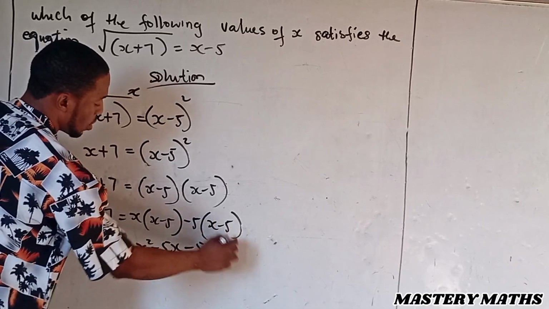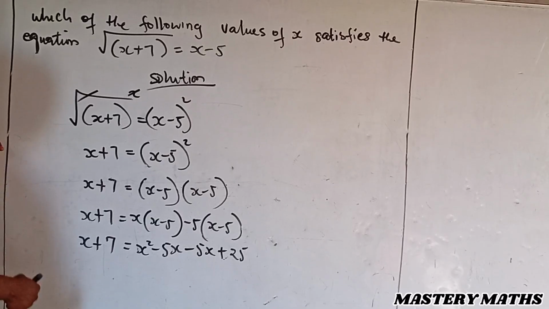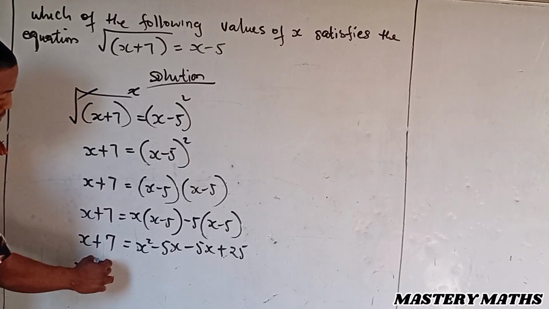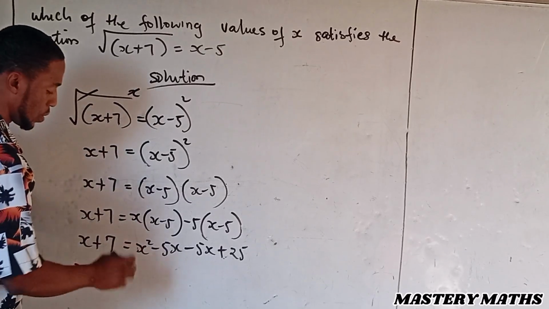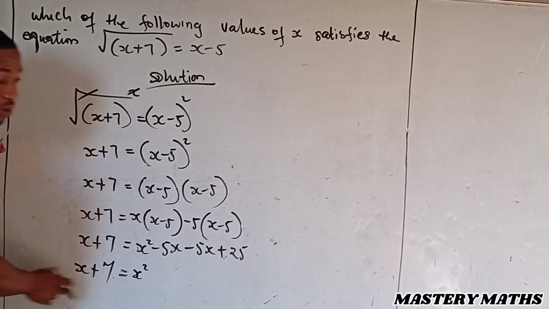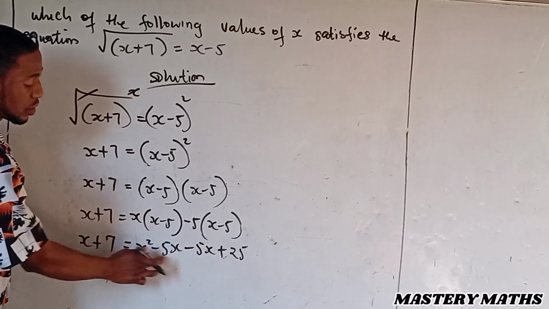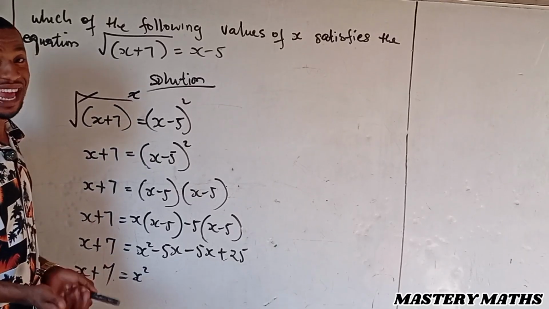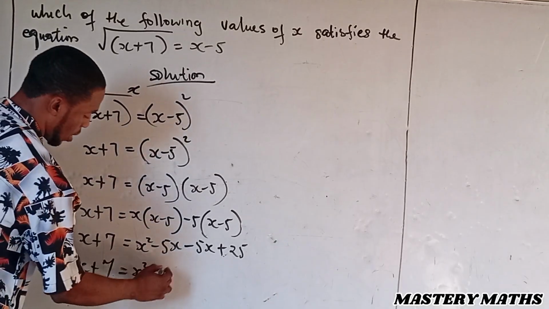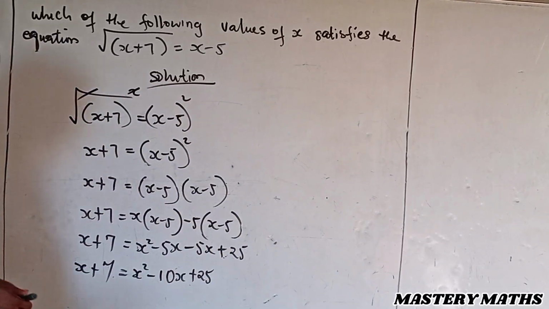Minus times minus is plus, 5 times 5 is 25. So now, you bring down your x plus 7, equal to your x squared. Now you work on the center ones, minus 5x minus 5x, which will give us minus 10x. So you have minus 10x plus 25.